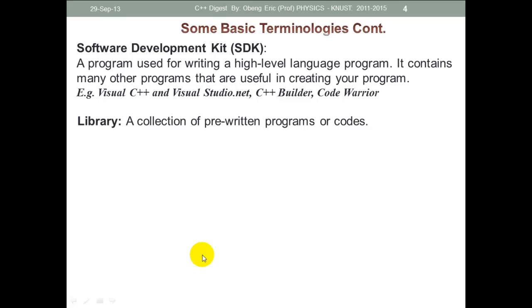If those things weren't there, whenever you are writing any program, you would have to cater for writing to the screen or even accepting input from the keyboard. But these things have been pre-written so that you just call them and use them in your program. You don't write new ones unless you want to.